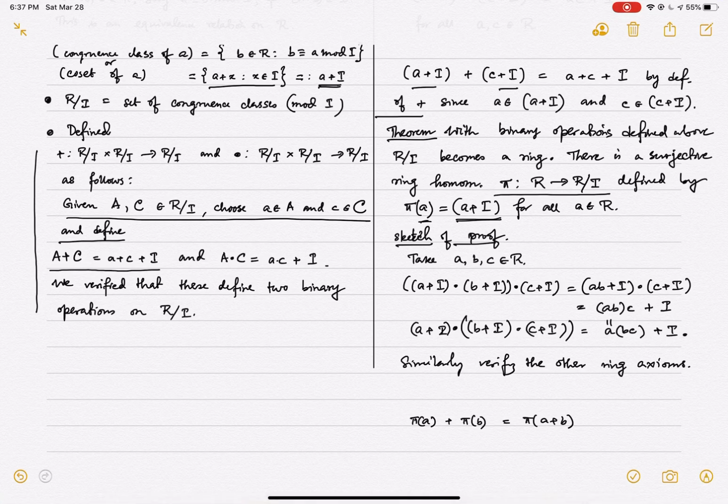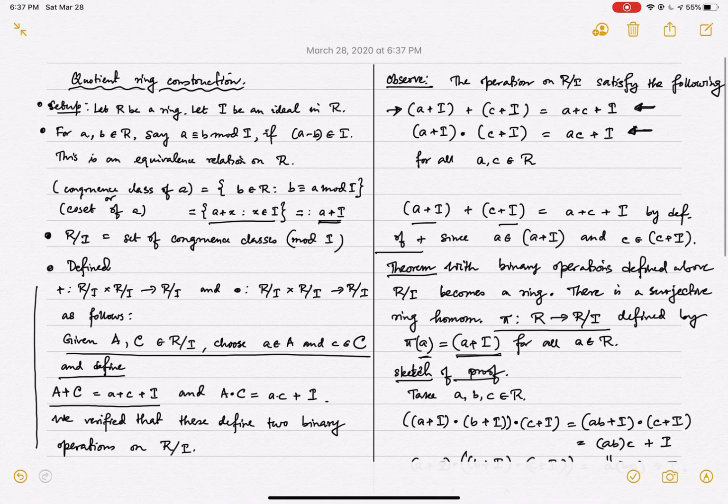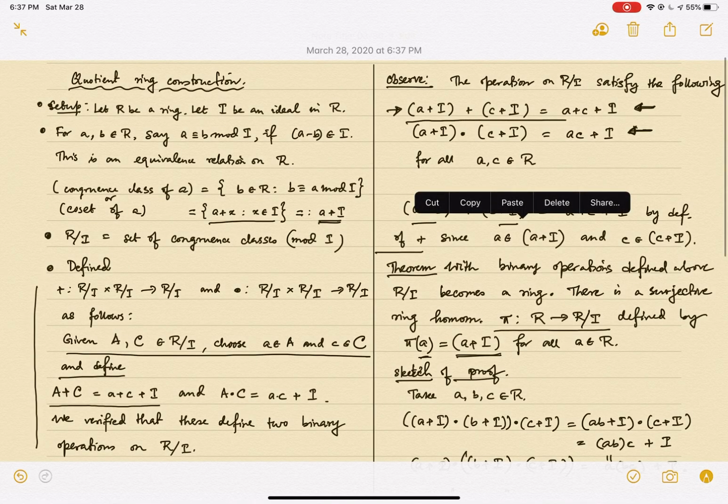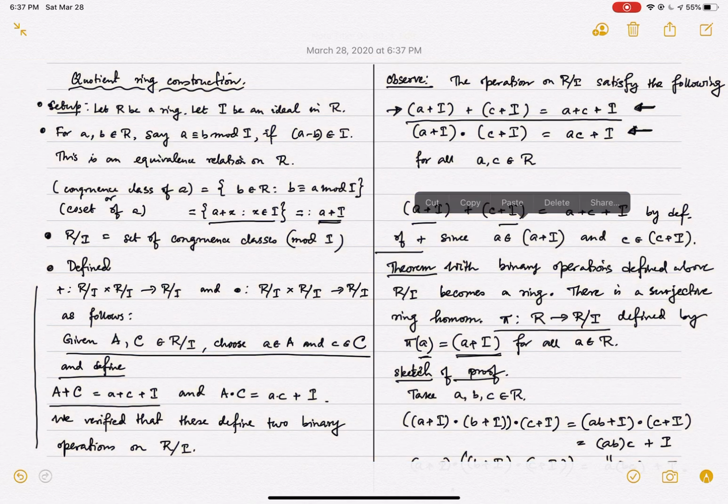What is pi of a? It's a plus I. So for a, b in R, pi of a is just a plus I, pi of b is just b plus I, and pi of a plus b is just a plus b plus I. It's the coset of a, coset of b, coset of a plus b. But we know up here that those things are the same.